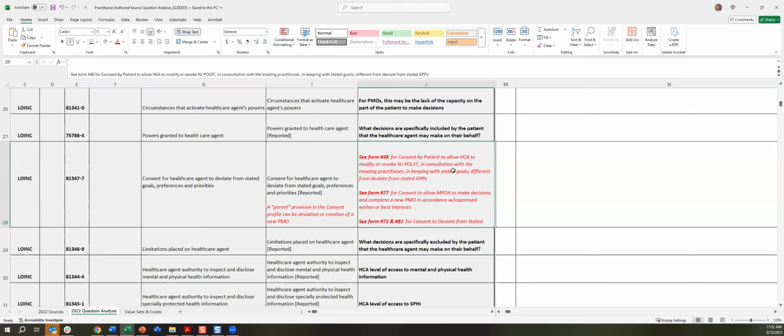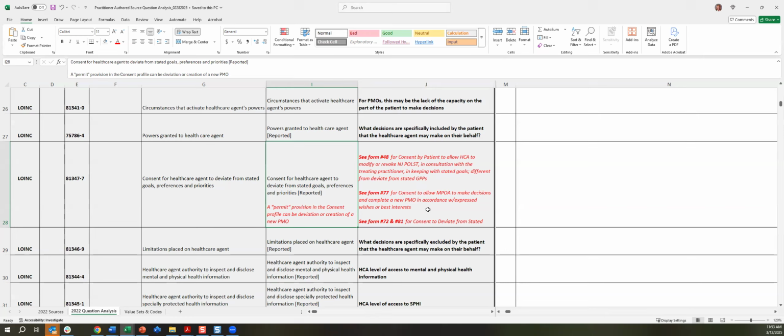That's a little different than saying, I agree, my healthcare agent can do whatever they need to do because I can't possibly have defined all of that in this document, so they can deviate because they know me and they know what I want. This was a little bit different. Giving treatment instructions and actually negotiating a new POLST feels very different.